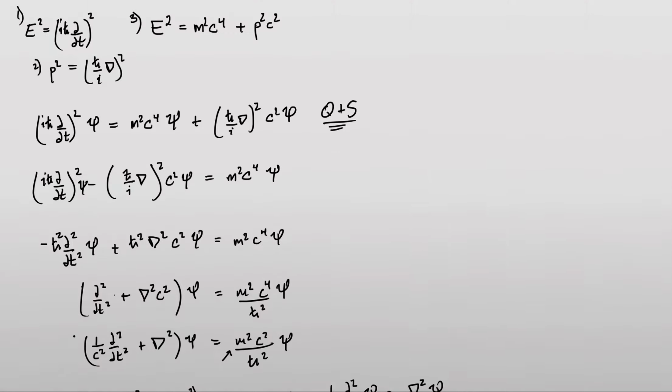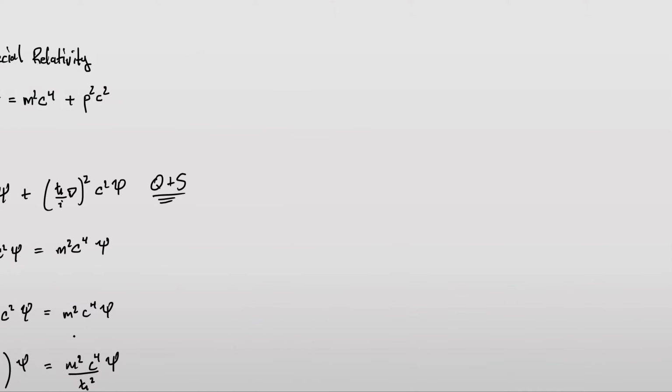Now, let's take a look at this a little bit more, because this Klein Gordon equation becomes interesting when we begin to look at objects that do have mass. Right, so the Klein Gordon equation, like I said, can be rewritten. I'll just rewrite it to look like this.